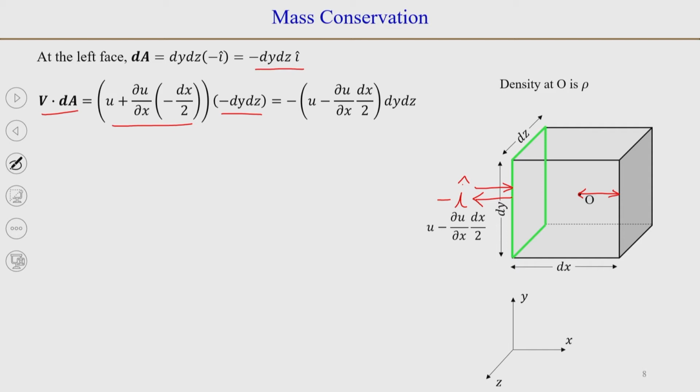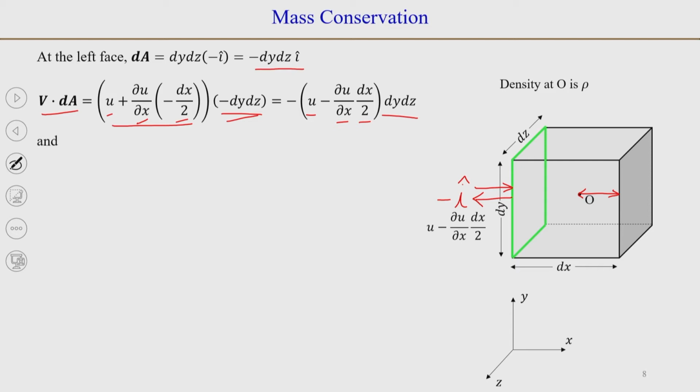On the left face it is on the minus side, in the minus x direction. So, you will have u plus dou u by dou x into minus dx by 2 multiplied by the area. So, this will be equal to minus u minus dou u by dou x dx by 2 into dy dz. That will be v dot dA, multiplied by rho.